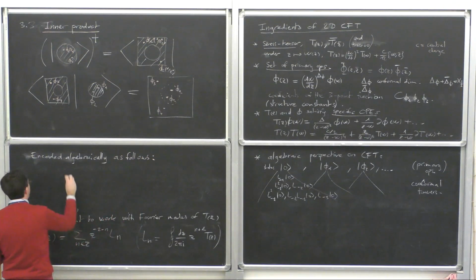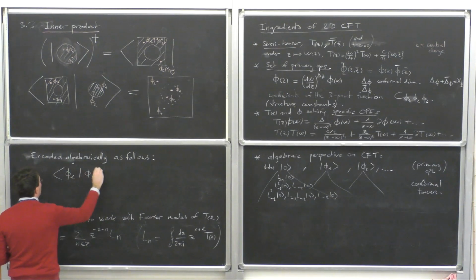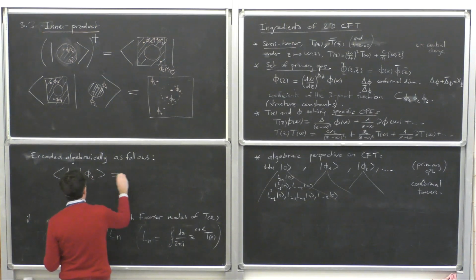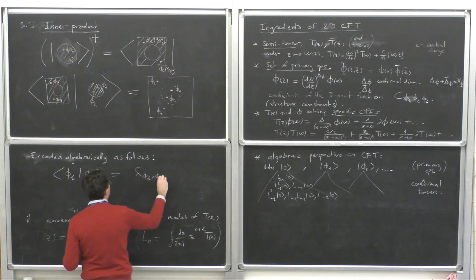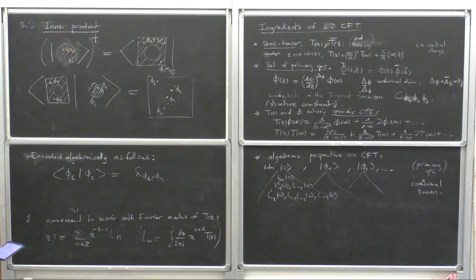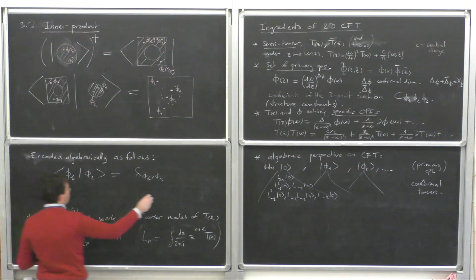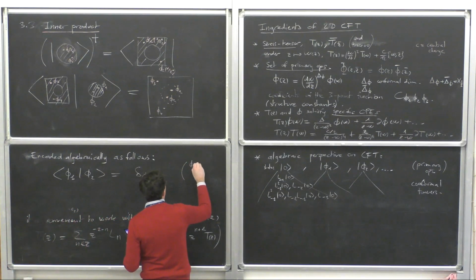So first, the inner product between two states, phi1 and phi2, this has to be delta phi1, phi2, so it's zero unless it's the same primary operator, so that's for phi1 and phi2 primary here.